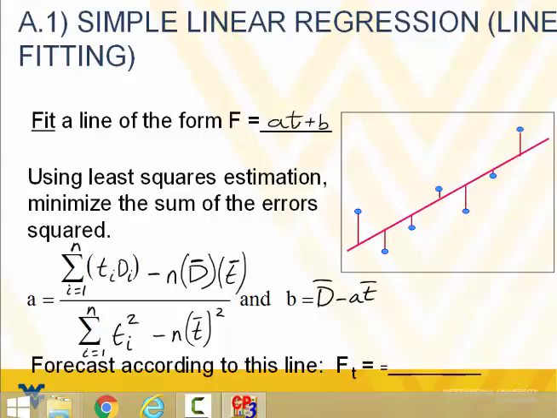So when you plot a time series as a scatter plot in Excel, and you ask to fit a line to that plot, Excel will give you a number of options. You can fit a polynomial line, you can fit a straight line, you can fit a cubic line, you can fit a quadratic line, an exponential line. If you fit a straight line, then this is exactly what Excel is doing. It's calculating this line and it's fitting it.